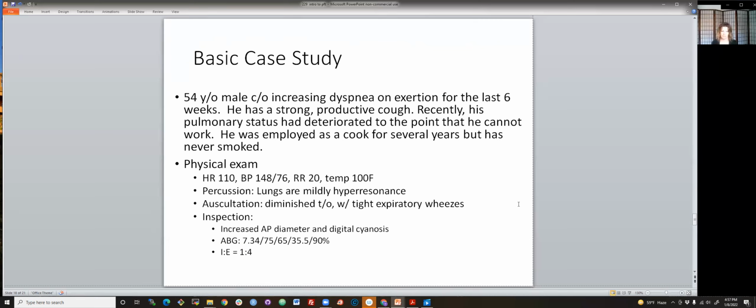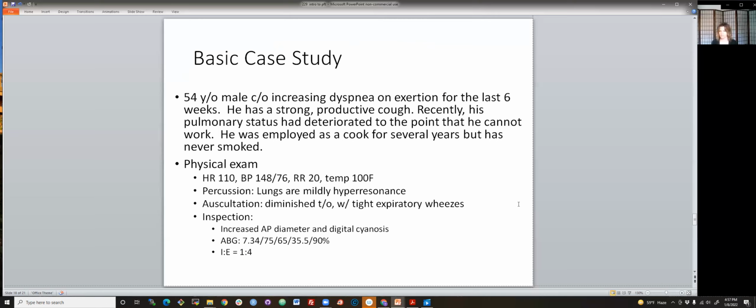Upon inspection, he has an increased AP diameter, that's anterior-posterior diameter, and digital cyanosis. So the fact that his AP diameter is increased tells you that he probably has emphysema that has trapped air, and his thoracic cage has remodeled to accommodate that trapped air.